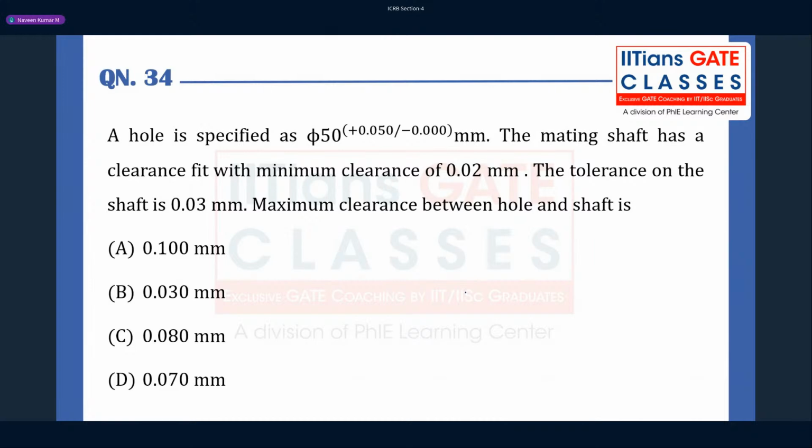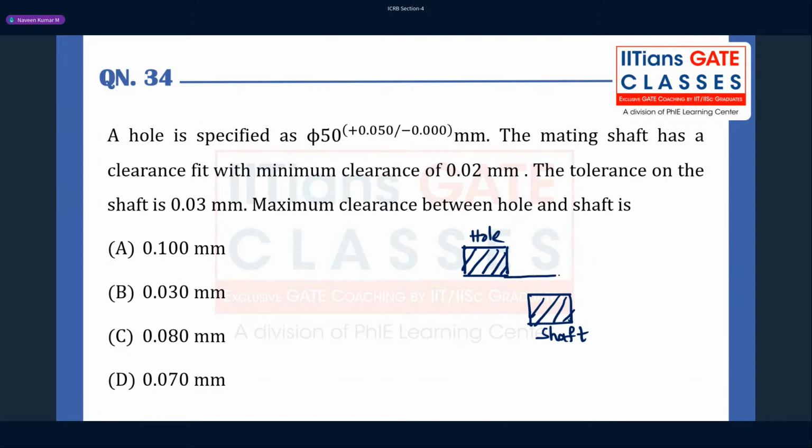So there is this hole, and there is this shaft tolerance, this width of tolerance. They're saying that the mating shaft has a clearance fit with minimum clearance of 0.02 mm.